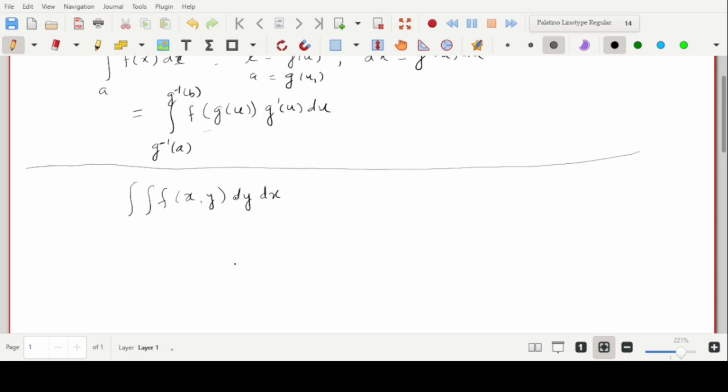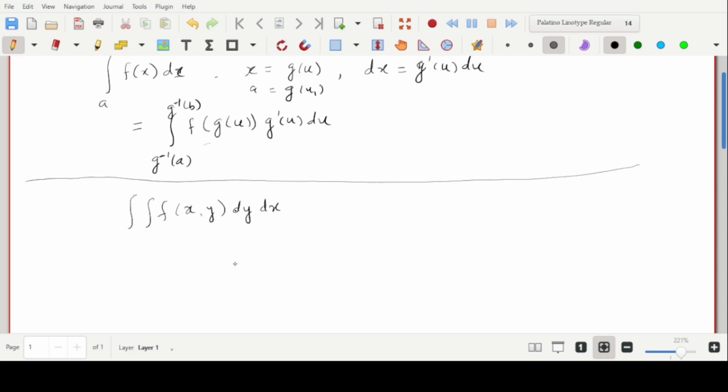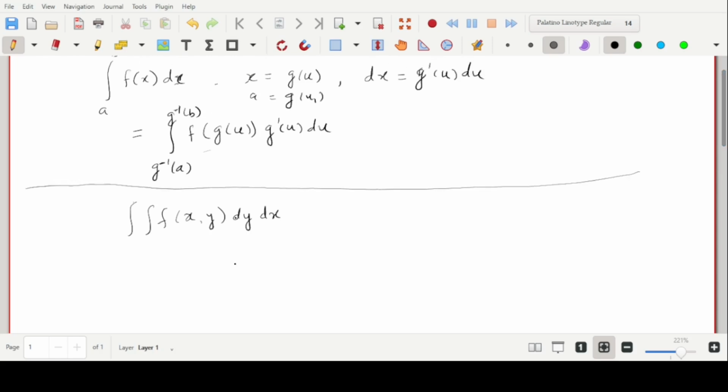Now for change of variables, as we did in case of one variable, we expressed x as a function of u. If you want an example, remember this one. In case of one variable, often we do the integral of 1 over 1 plus x square dx.